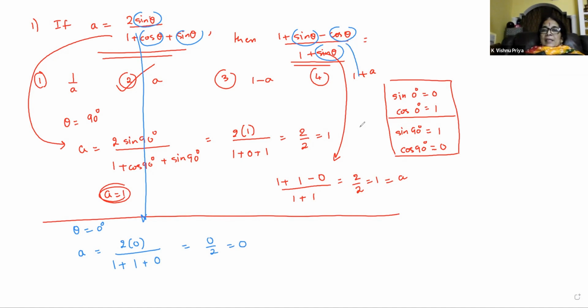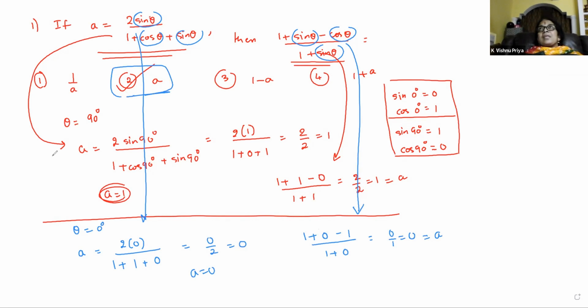Now what are they asking for? 1 plus sine 0 is 0, minus cos 0 is 1, by 1 plus sine 0 is 0. So what am I getting? 0 by 1, which is 0. A is 0 and I got 0. That means I got A itself. That is why I am going to the second option.